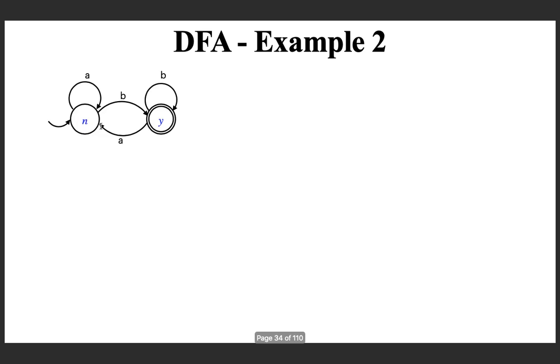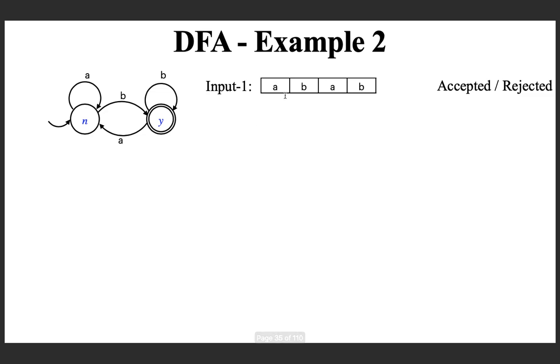Now look at the second example for DFA. I am giving you the transition diagram. Here again we can try to understand what this machine is doing using some input strings. Here is the first input. You have to start from here. What is the first symbol? A. You will have to take this edge. Finished A. And what is next?